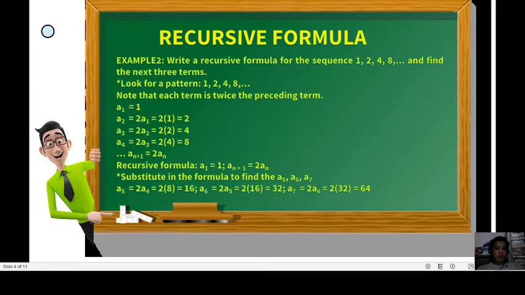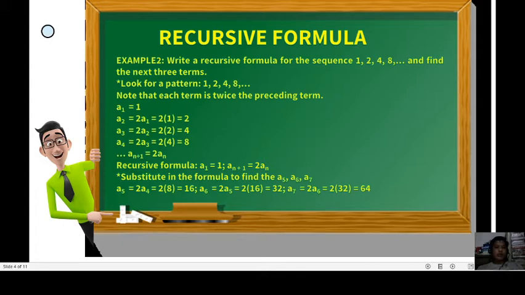Therefore, we have 2 times 1 equals 2, 2 times 2 equals 4, and 2 times 4 equals 8. So for every preceding term, we have the equation 2 times a sub n.